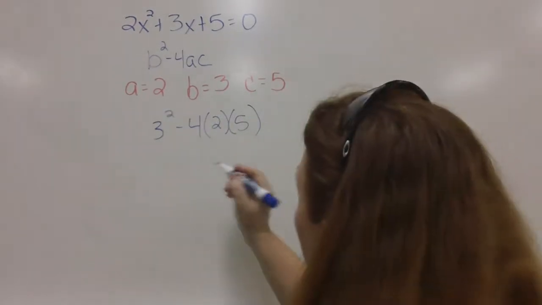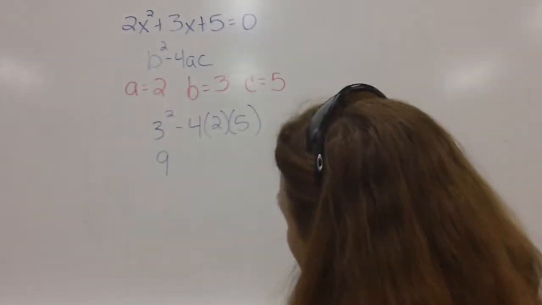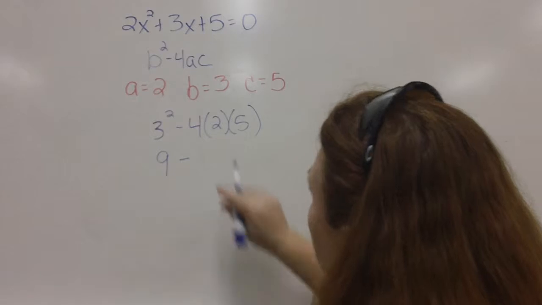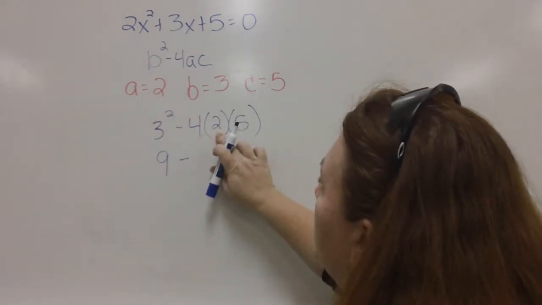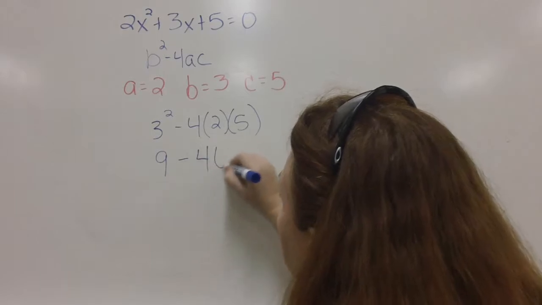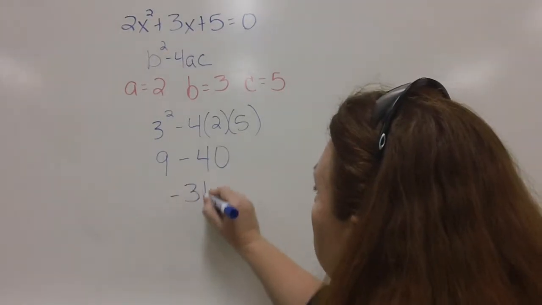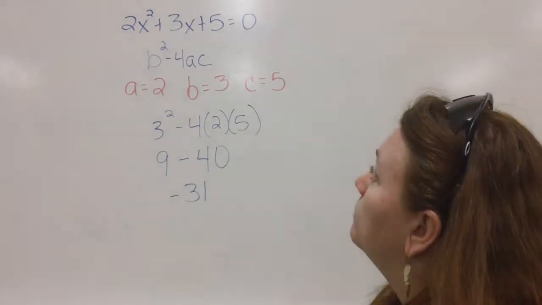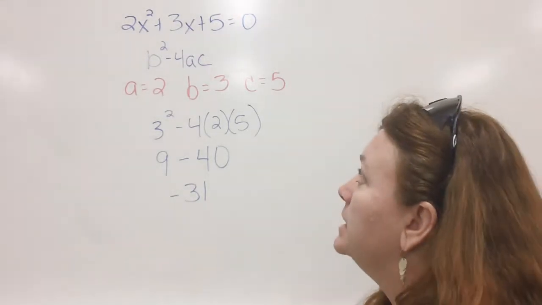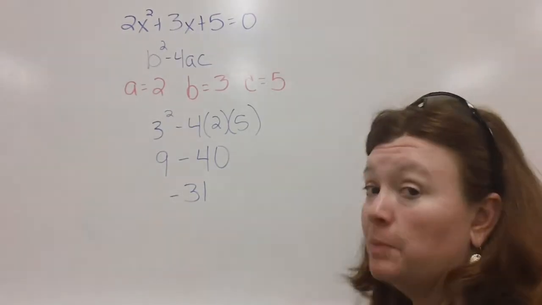That would be 9 minus 4 times 2 is 8. 8 times 5 is 40. 9 minus 40 is a negative 31. B squared minus 4ac turns out to be a negative 31. That's the first part of my question.